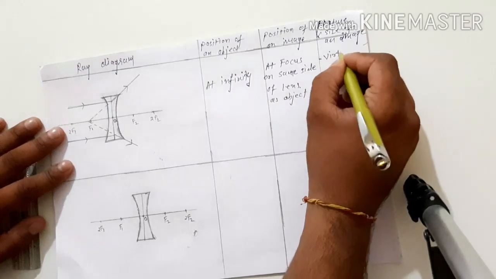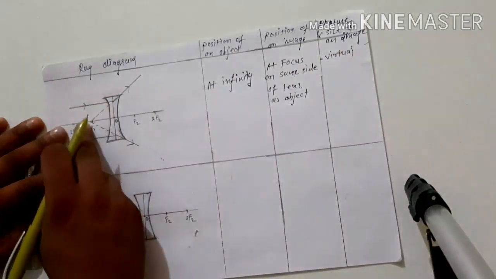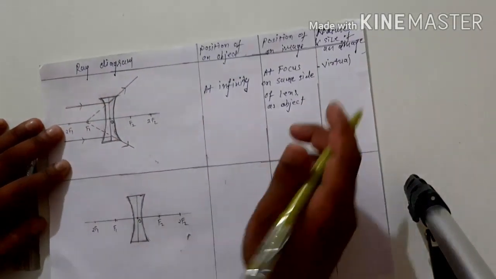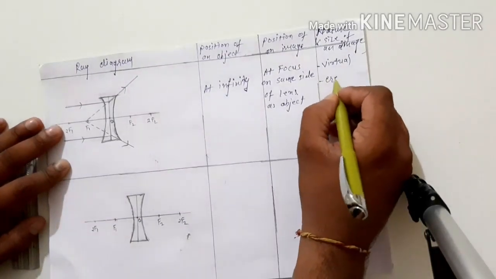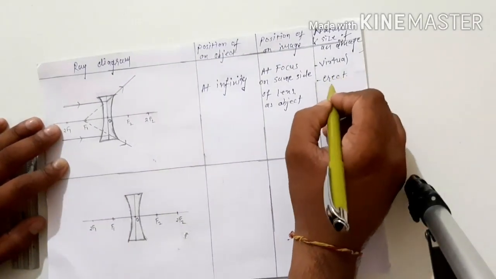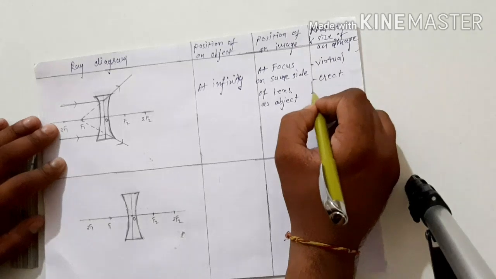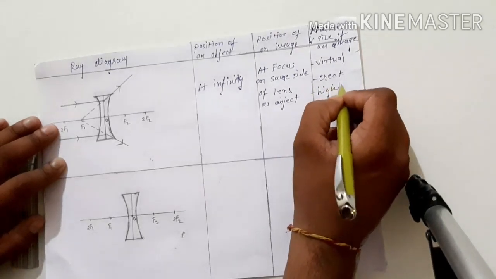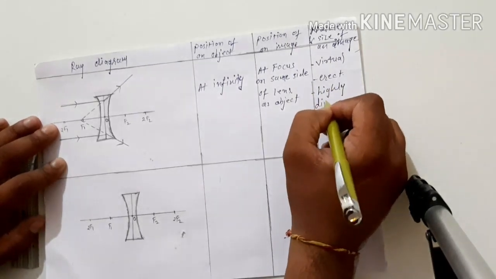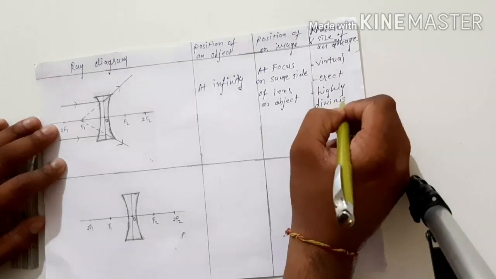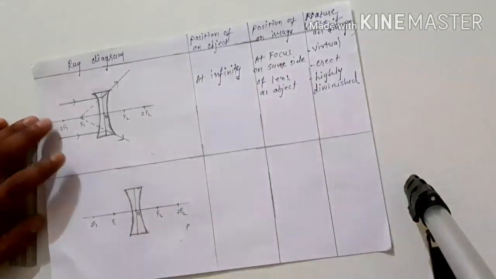It will be virtual because we have extended it backward. As it is virtual, it will also be erect, and it is very small, so it will be highly diminished.